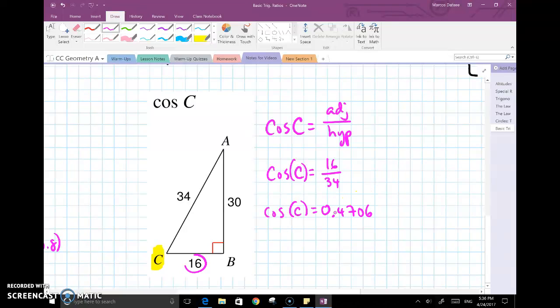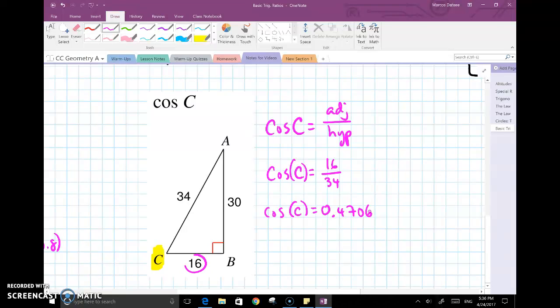My advice is when you're doing this, the intermediary steps should have decimal places out to about maybe 4 or 5 spaces after the decimal. When you give the final answer, it's a good idea to round it to the 10th place, just to be accurate. Okay, so at this point, if they only want the cosine of C, we're done.